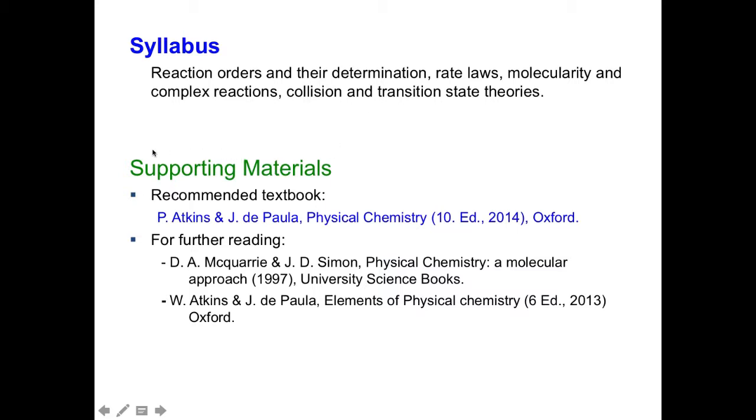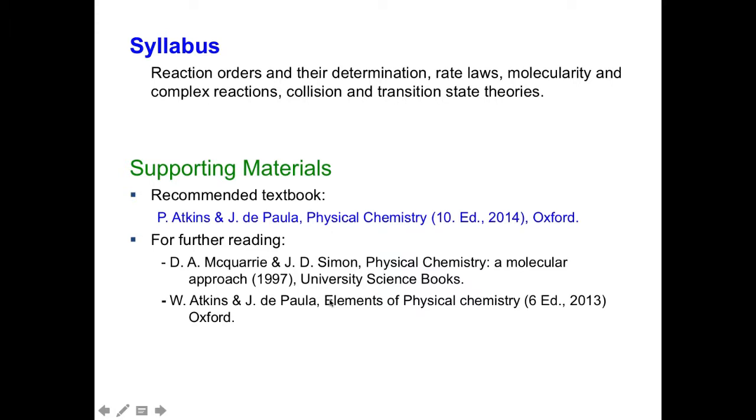In supporting materials, I would recommend, first of all, this book by Peter Atkins, Physical Chemistry. It's a very good book. But if you want to read further, you can read this book here, Physical Chemistry: A Molecular Approach by McQuarrie. This is a very nice book discussing in depth different subjects of physical chemistry, including kinetics.